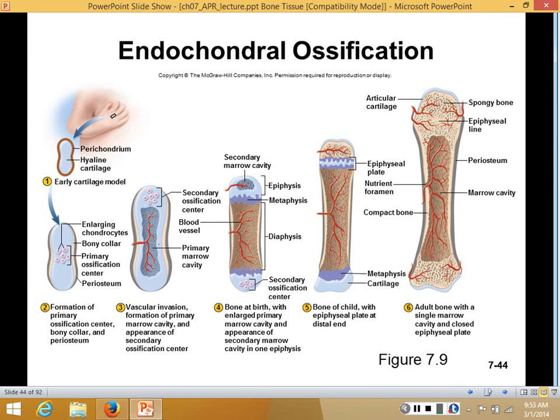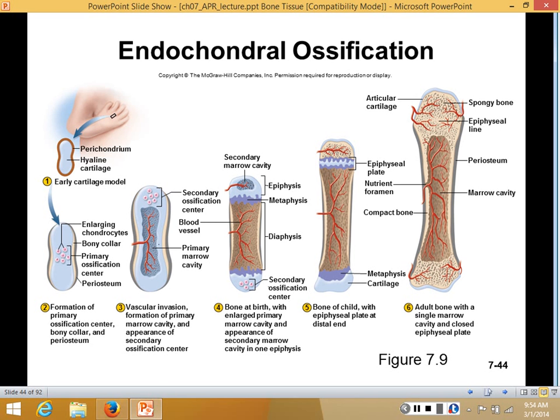Now if you look closely at this one right here, look how that cartilage is eroding or breaking down. The osteoblasts are coming in, depositing bone in the matrix. The osteoclasts are coming in behind it. Any cartilage that's being broken down is going to erode and get out of the way. So that's what's going on right here.